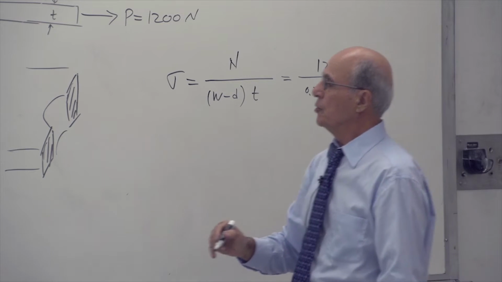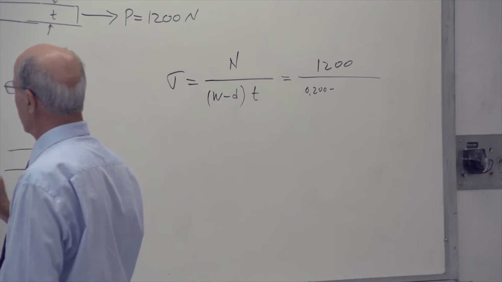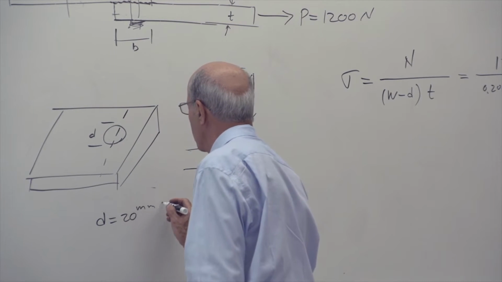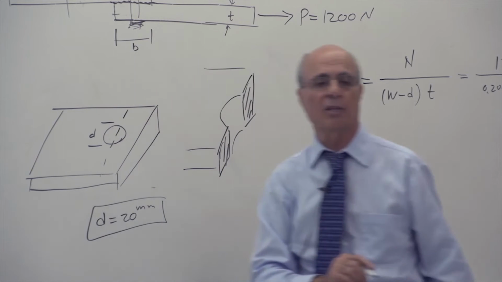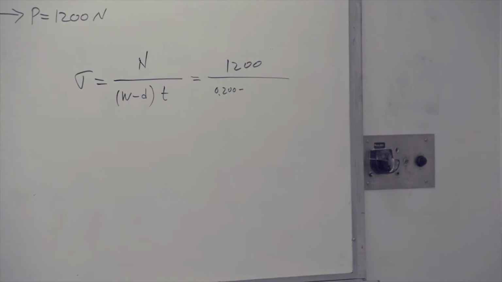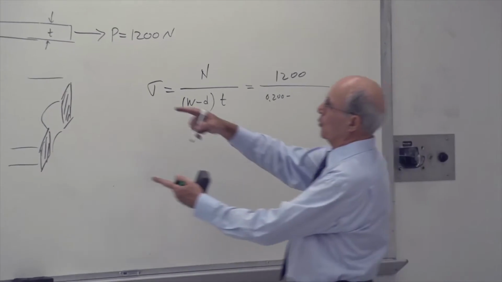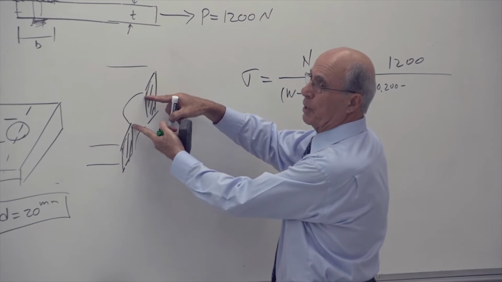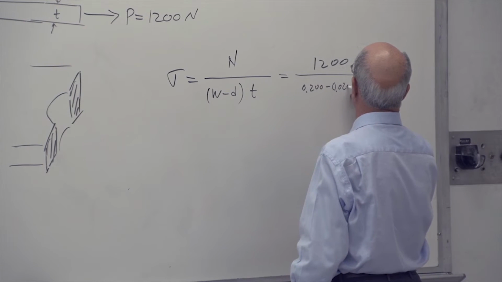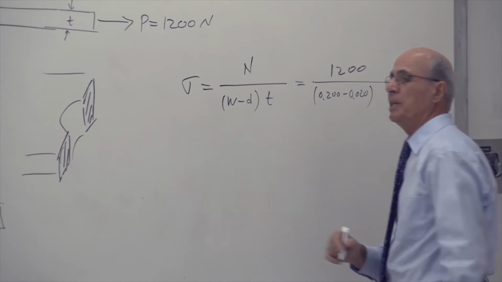I did not give you the diameter. Let's say that we are using now a bolt with a diameter of 20 millimeter, just for the purpose of the discussion. So that becomes 200 minus 20, or 180, which is represented here as 0.18, which is 180 millimeter.